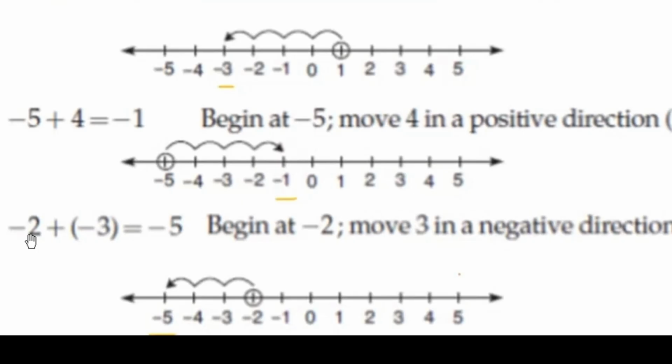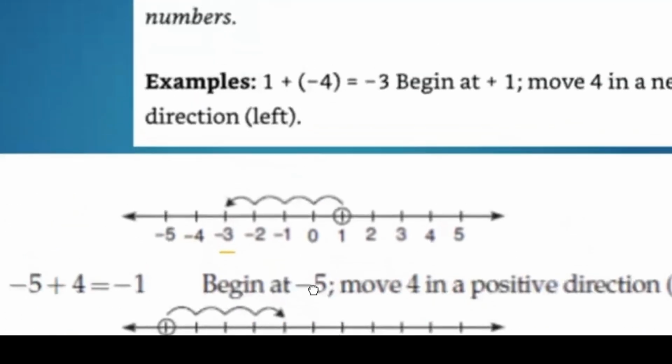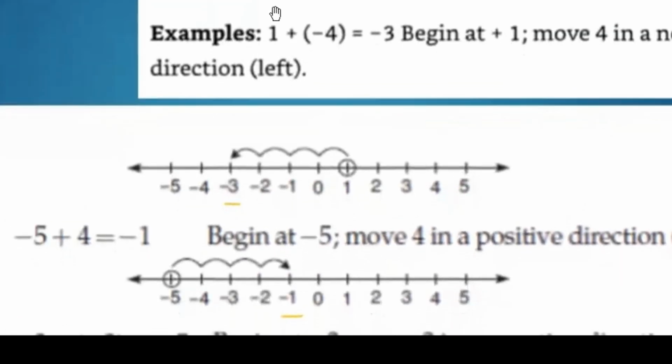So on the number line, your starting point should always be the first number mentioned, okay? If you've noticed in all the examples so far, with this one, the starting point on the number line was 1, since it's the first number mentioned, right? With -5 plus 4, our starting point was -5, and then we counted 4 places over to the right.